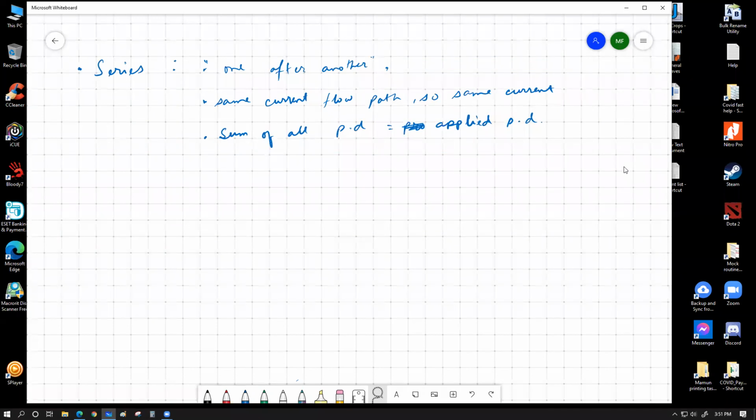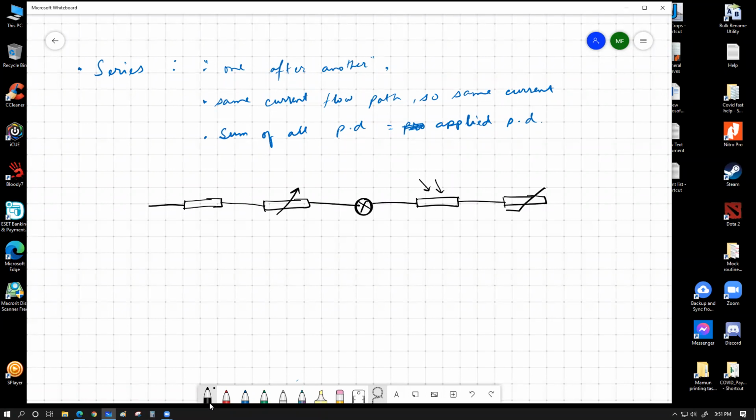Okay, series combination can look like this. Whenever we have multiple components connected one after one like this, let's say I am going to connect one over here, one over here, let's say one that looks like this. Can each of you name these components?